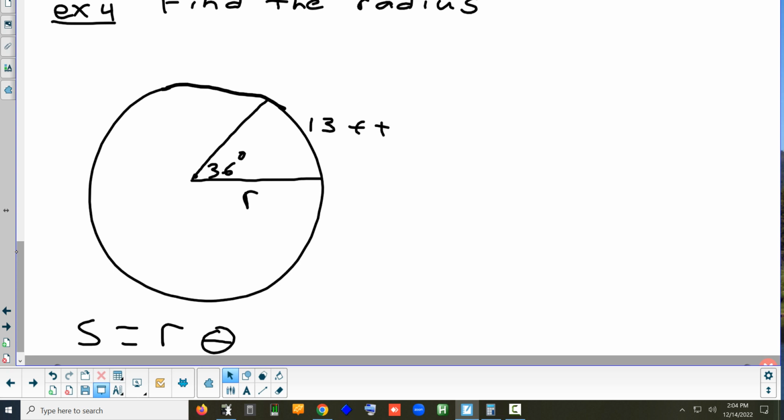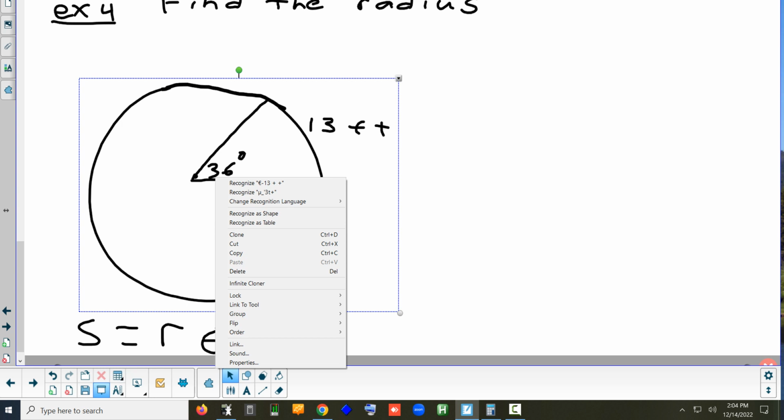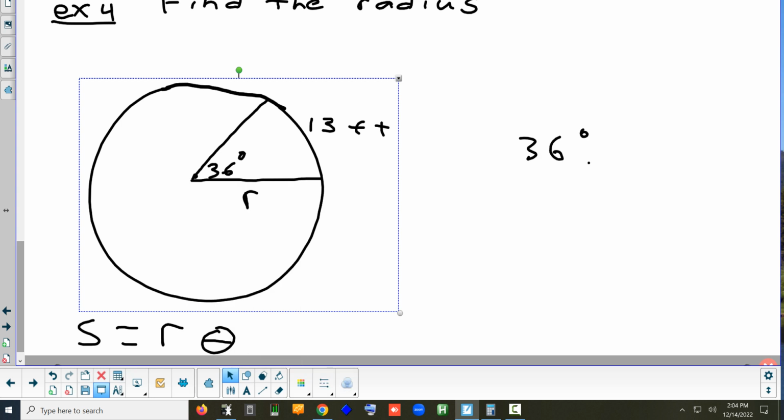Okay, before you use S equals R theta, does anybody see something we might want to just take care of off to the side first? Yeah. Convert 36 degrees to radians. Yeah, if you're using this formula, this number is not what you want. So let's just fix that off to the side. And what do you multiply by to do that, Sam?